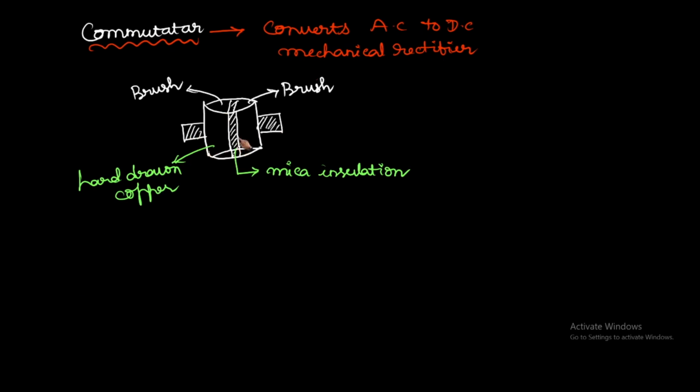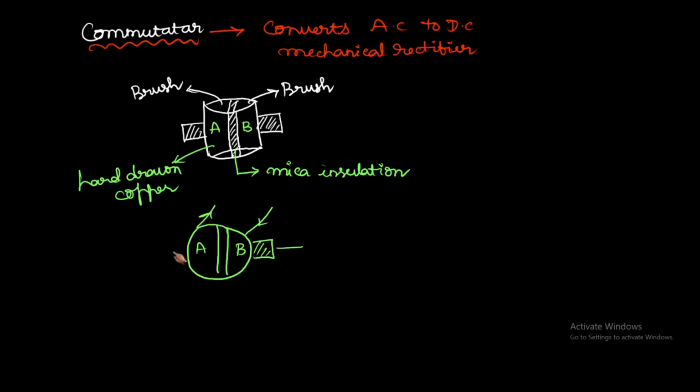So whenever you connect the commutator, let us see what will happen. Let us consider the commutator segments, this as A and this as B. In the first position, one is in contact with the brush, so the current is going in and is taken out through the brushes.